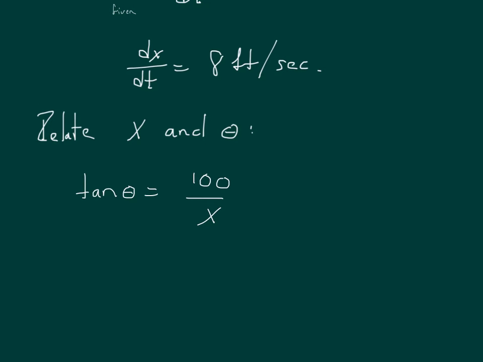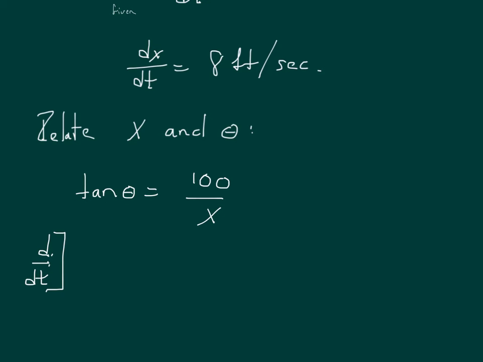What we should do now is differentiate. Remember, everything here is a function of time. As time passes, our angle theta changes, and our distance x changes, so we differentiate with respect to time. First we differentiate tan theta, keeping in mind that theta is a function of time, so we use the chain rule.